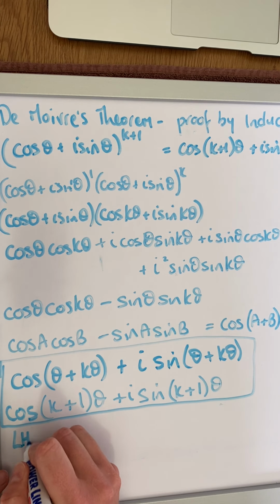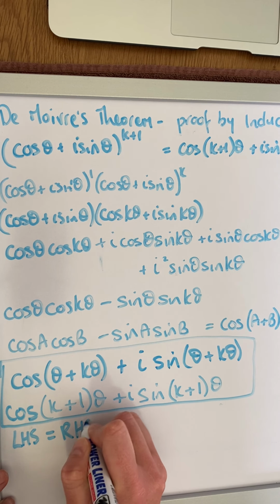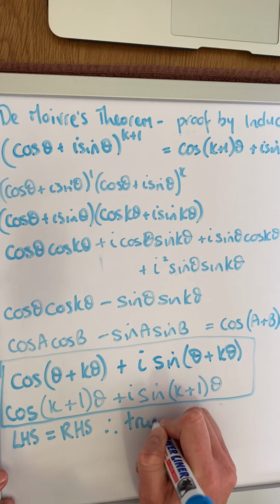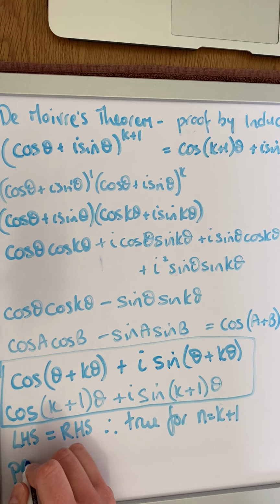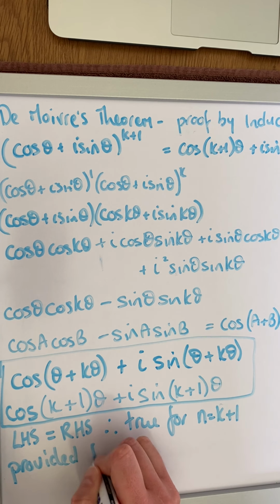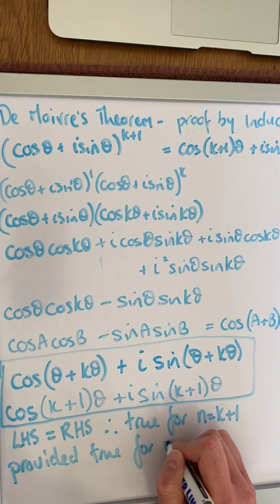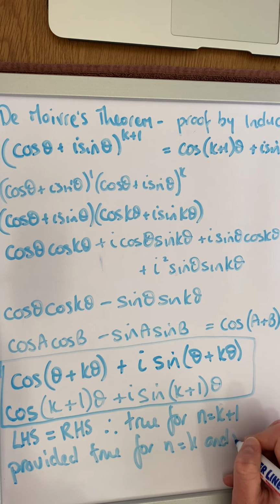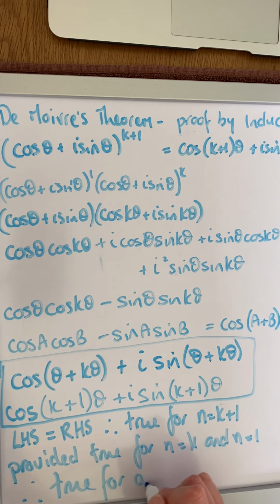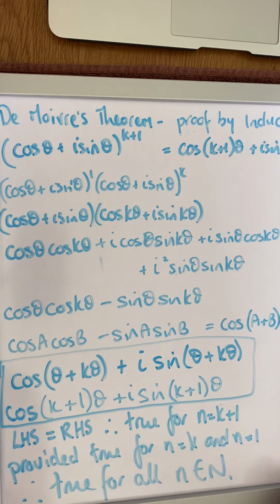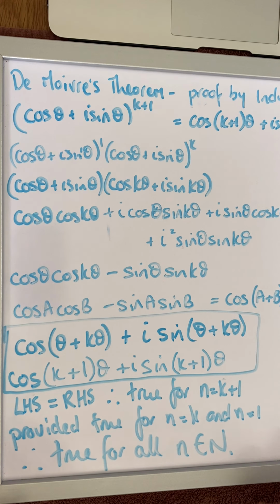So left-hand side equals right-hand side. Therefore, it is true for n equals k plus 1, provided true for n equals k and n equals 1, and therefore true for all n an element of the natural numbers. And that is our final step.